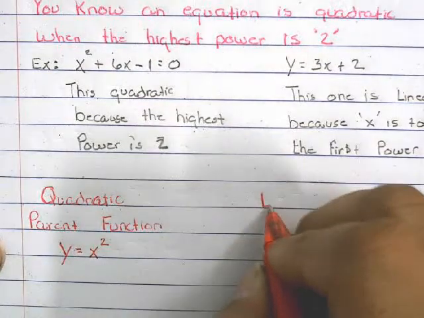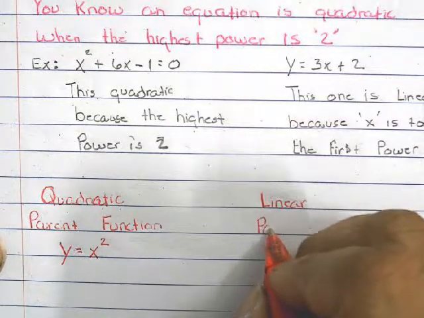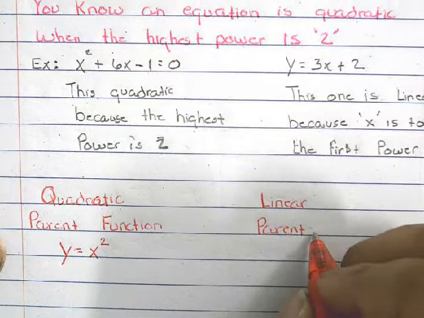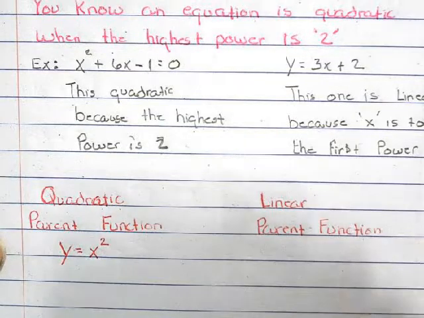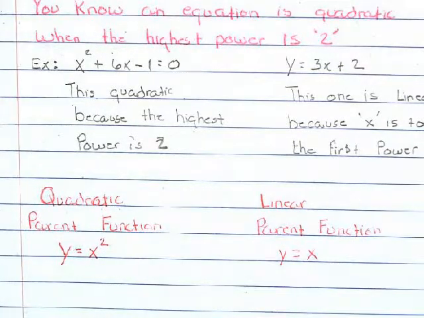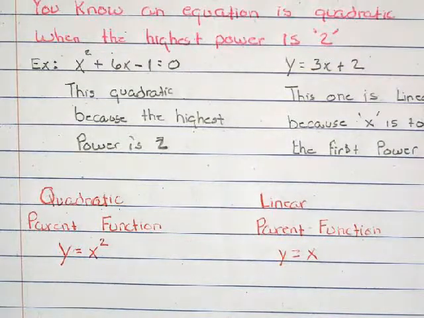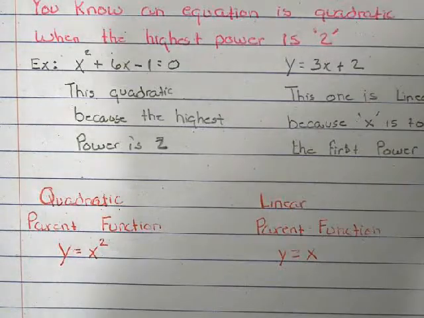The linear parent function is y equals x. When we're talking about parent functions, we're saying this: all quadratic equations are derived from y equals x squared. All linear equations are derived from y equals x. Those are things that you have to know, and we'll look at the graphs later. But you have to know those things.